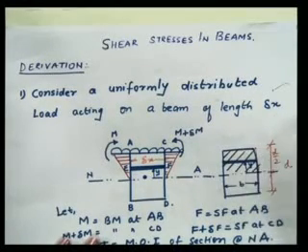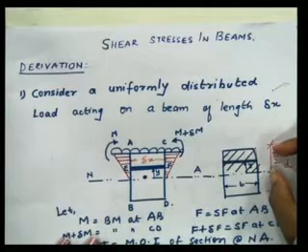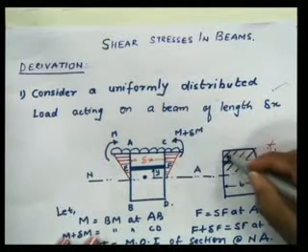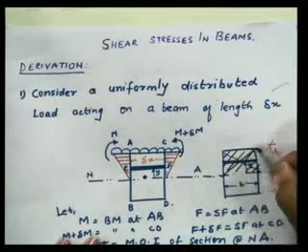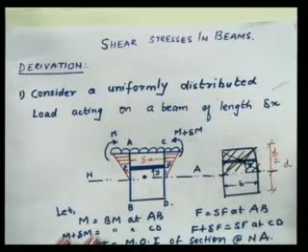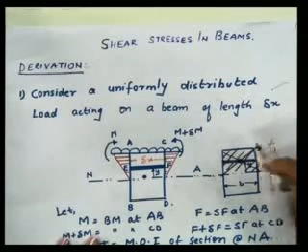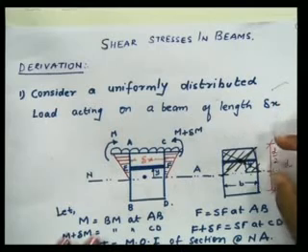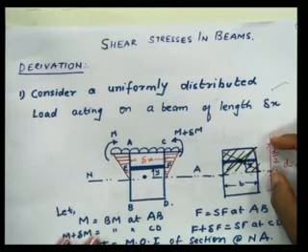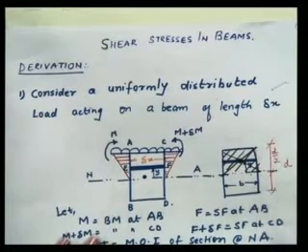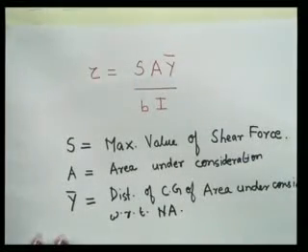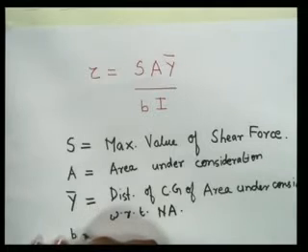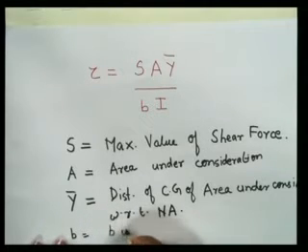What is its depth? D by 2. If I want to find the value of CG, the intersection of diagonals will give me the CG. So the CG of the shaded area with respect to the neutral axis: D by 2 is the depth, so half of D by 2 will be D by 2 by 2, that is D by 4. So y bar is that. B. What is B? B is the width of the section.